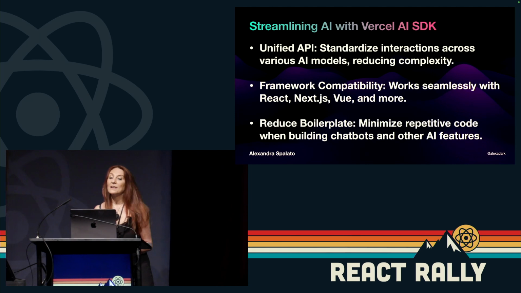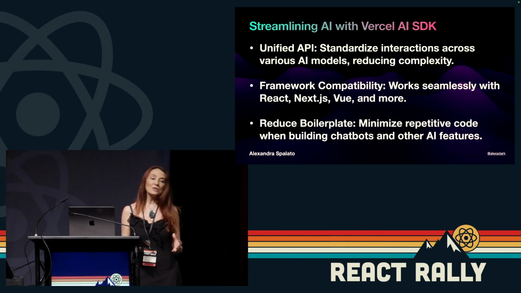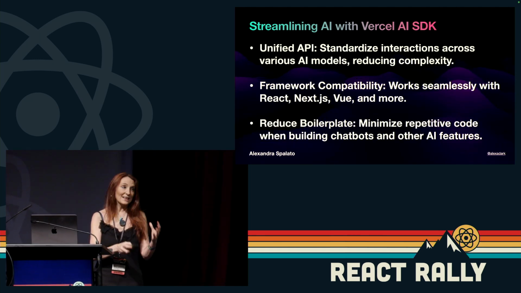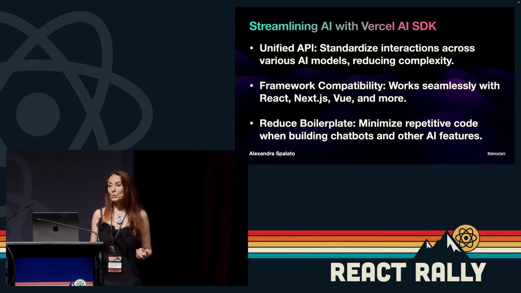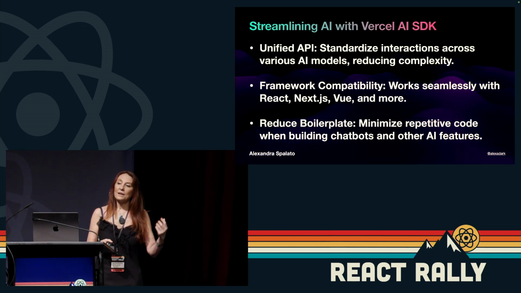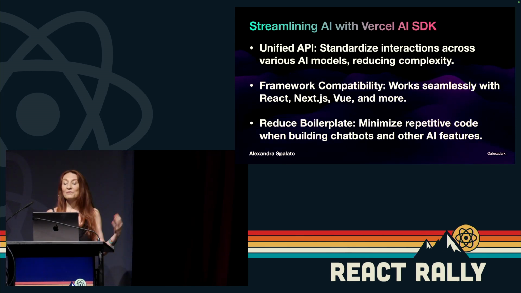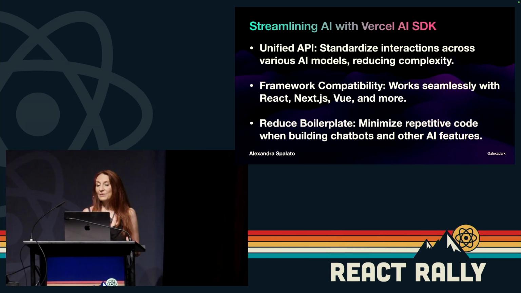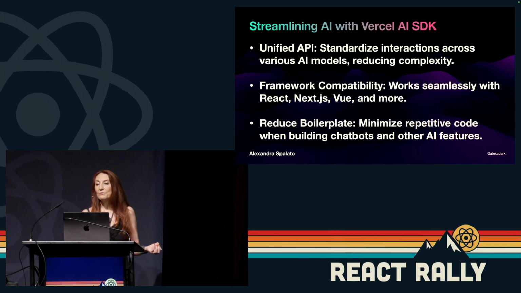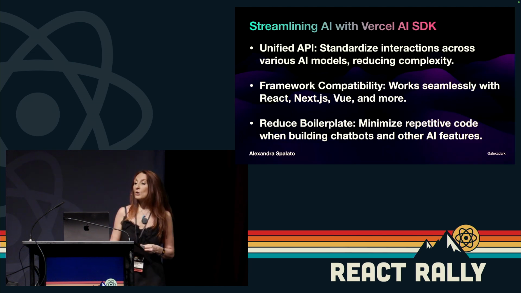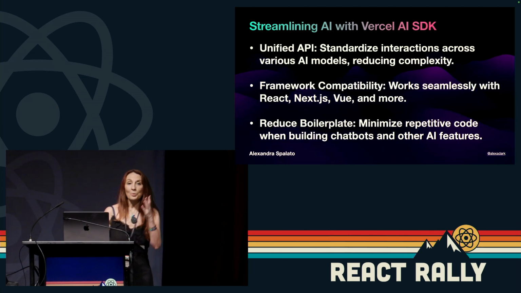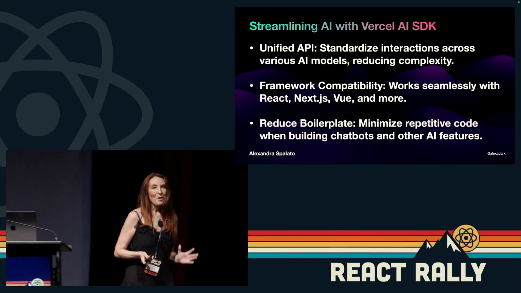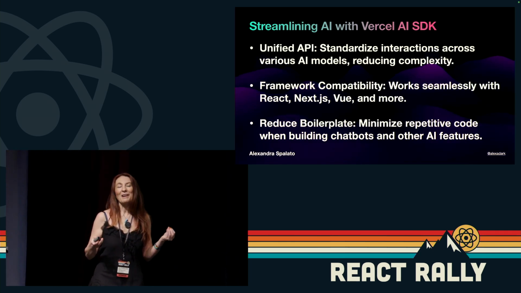Next, to streamline your work, you can use the Vercel AI SDK, and I really love it. It's compatible with Next, Nuxt, Svelte, Solid. It has a unified API that standardizes the interaction with the various AI models, and so it minimizes the boilerplate code. It's compatible with Remix too, but not with React Server Components.